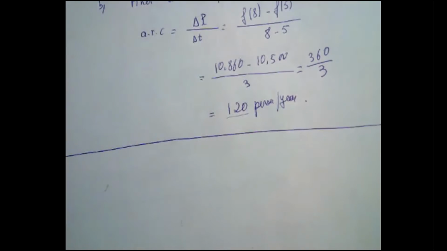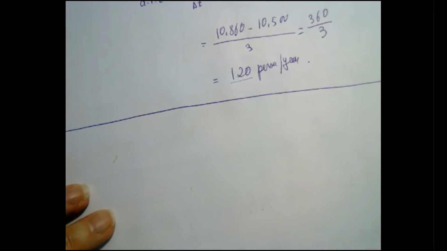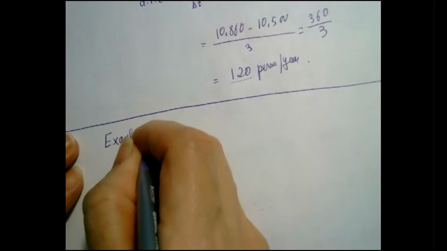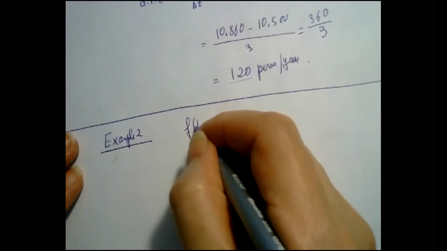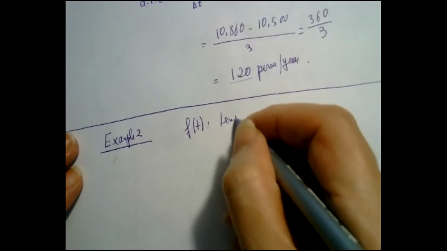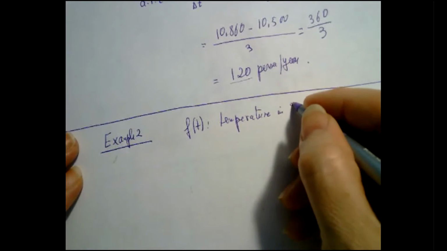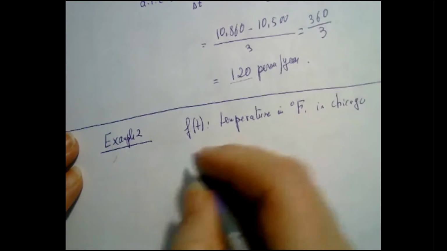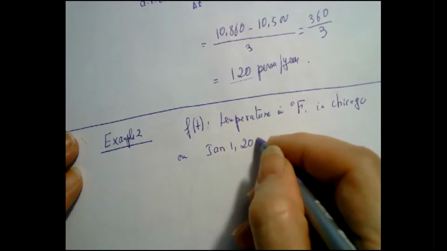Okay. I take another example, again a very simple example, and then I will do a more symbolic problem, which are crucial. So now suppose my example number 2 is along the same line. Here, my function represents the temperature. My output is the temperature in degrees Fahrenheit in Chicago, let us say, on January 1, 2021.